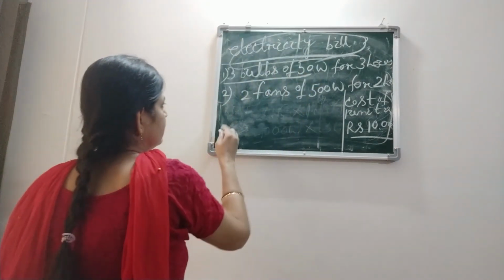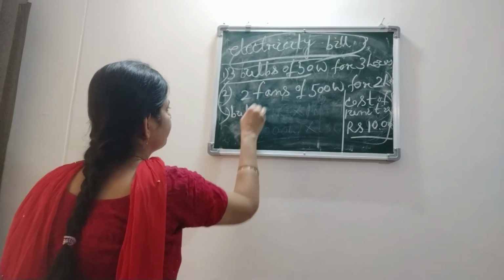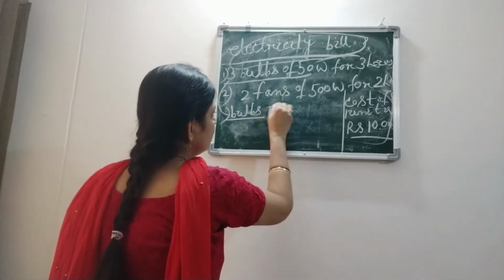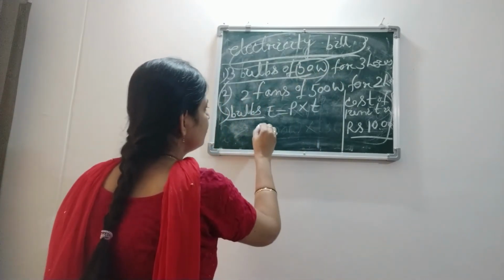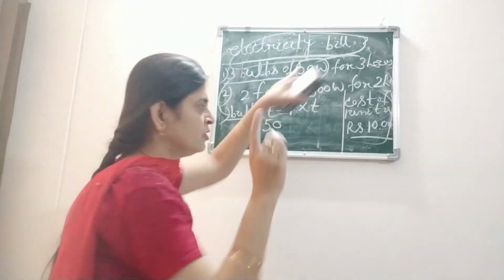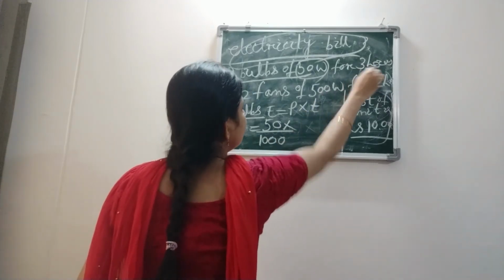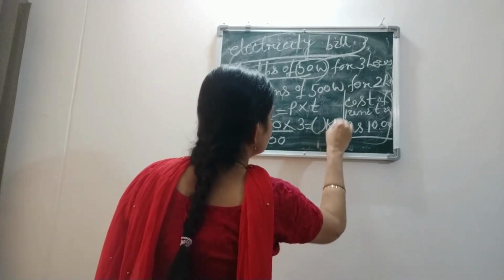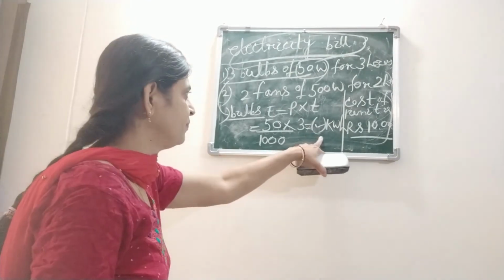First find out for your bulbs. E is equal to P into T. What is your P? P is equal to 50 watt. Now you have to convert into a kilowatt. So divide by 1000 into time. Time is your 3 hours. Then this will be in your kilowatt hour, whatever it will be.